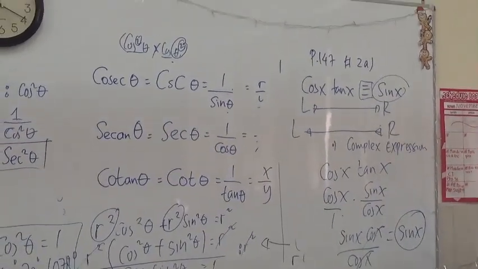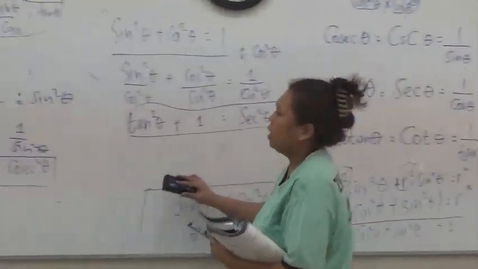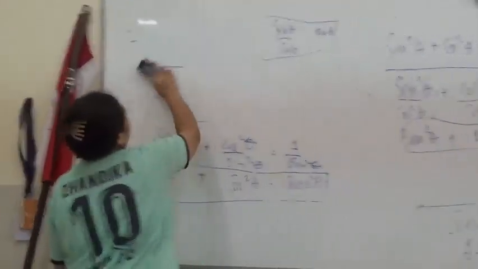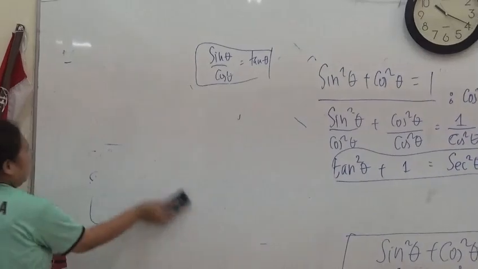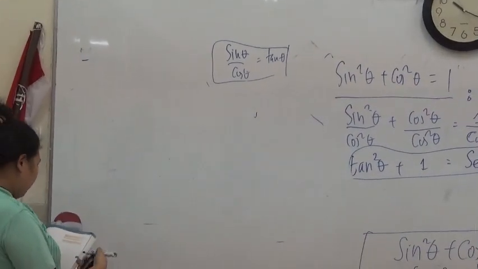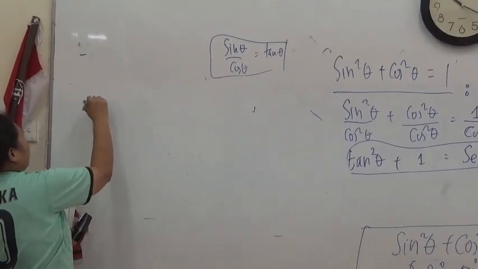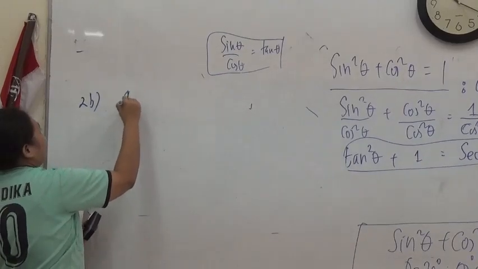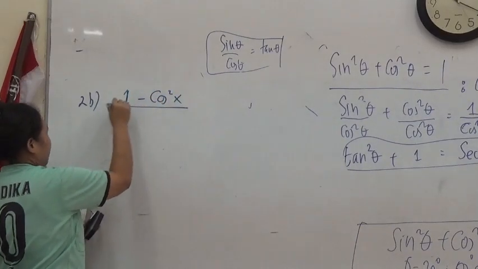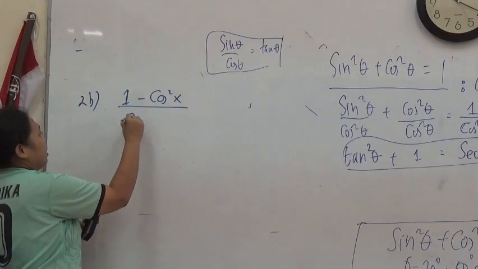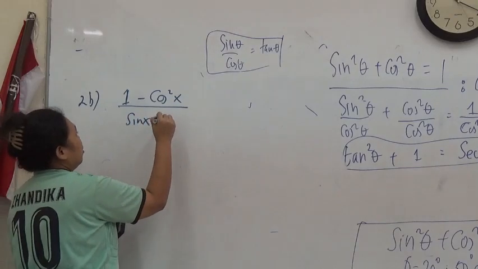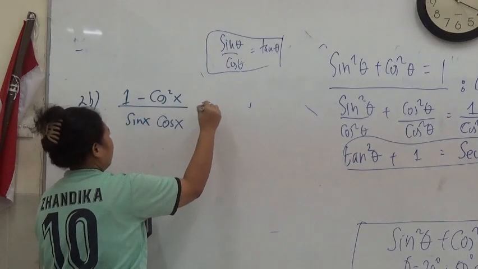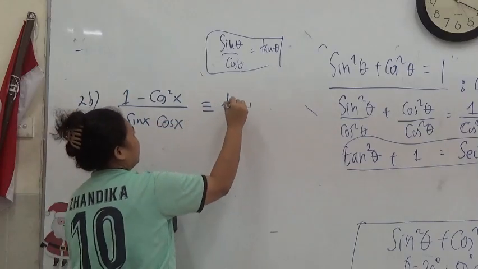So 2b. I need to prove that 1 minus cos squared x divided by sin x cos x equals tangent x.